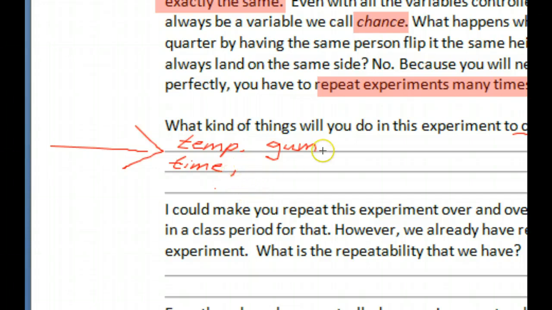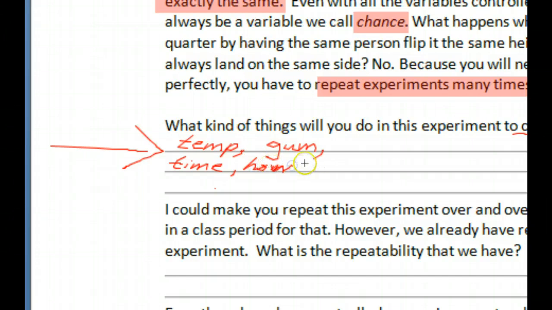Remember, one of the things I had mentioned in mine was to try to make sure that you sucked off the spit. That was in the procedures that I had put in there before. So maybe that was one of the things you were trying to control. Lots of things you could control. What about how many times you chew?